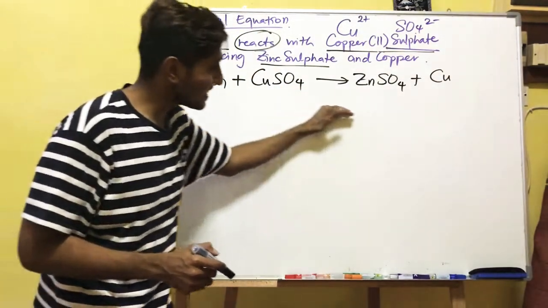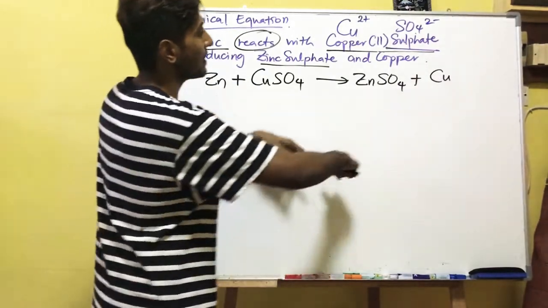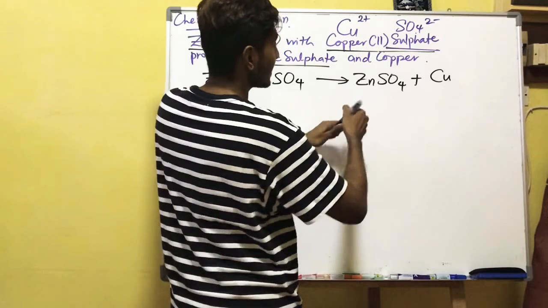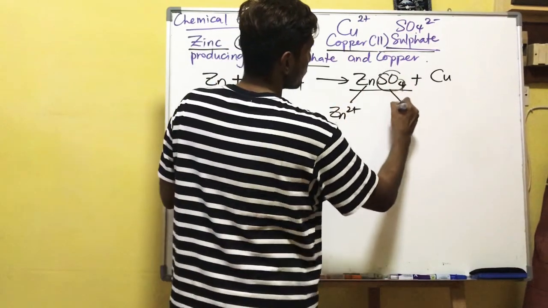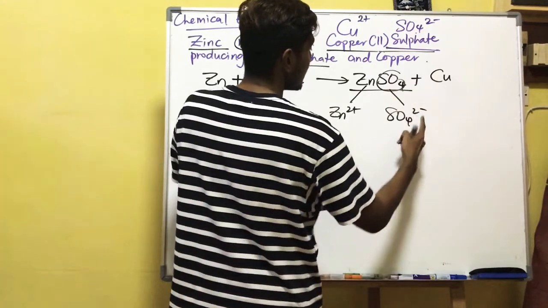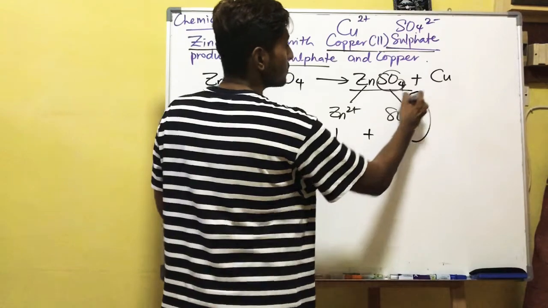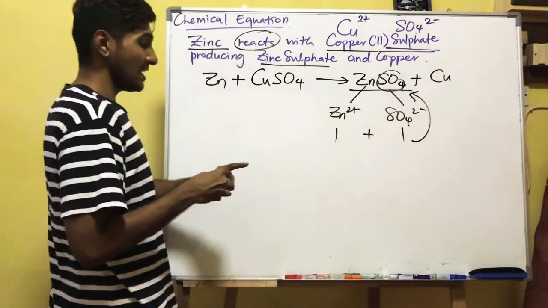Jadi inilah persamaan kimia di mana zinc bertindak balas dengan cuprum 2 sulfate menghasilkan zinc sulfate. Kenapa zinc sulfate macam ni? Sebab zinc ialah 2+, sulfate ialah SO4 2 negatif. Jadi gabung, kita perlukan 1 zinc dan 1 sulfate bercampur menjadi zinc sulfate, betul? Dan juga menghasilkan cuprum. Okey.